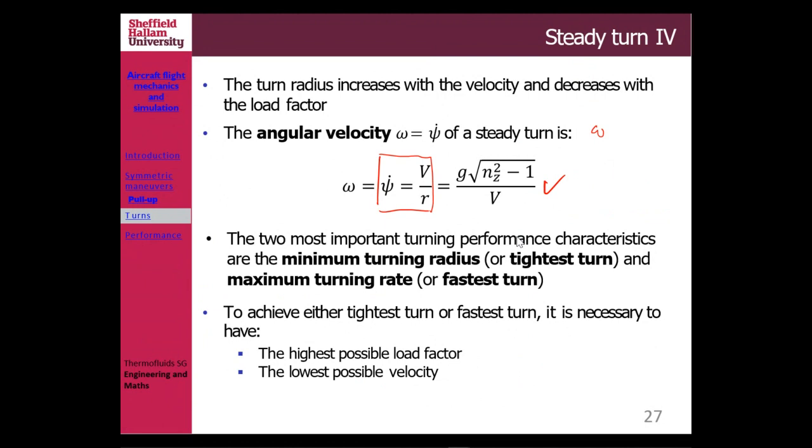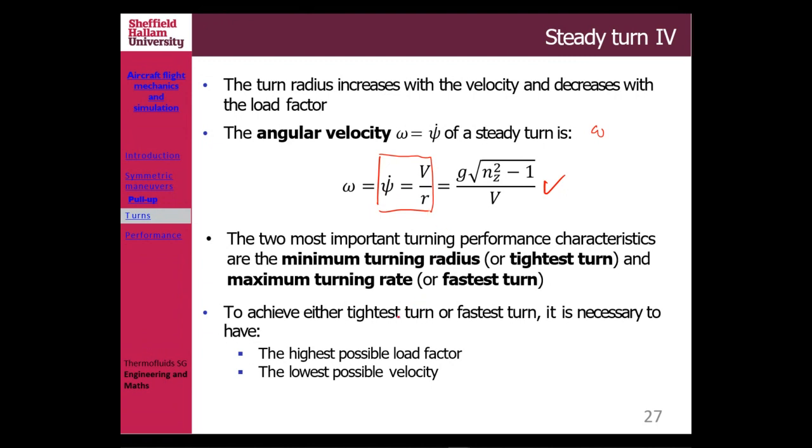So it means that you minimize the R, to minimize the radius of turn. If you could do that as much as possible, then obviously the rate of turn, which we have seen in these equations, needs to be quite big or maximum.